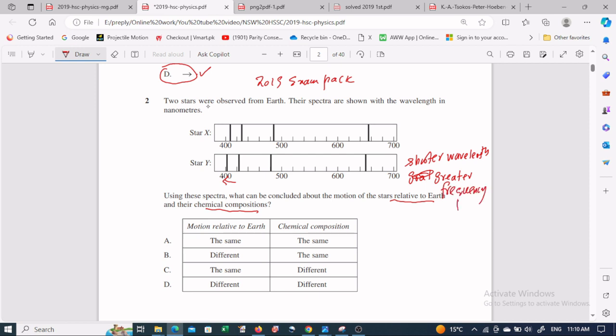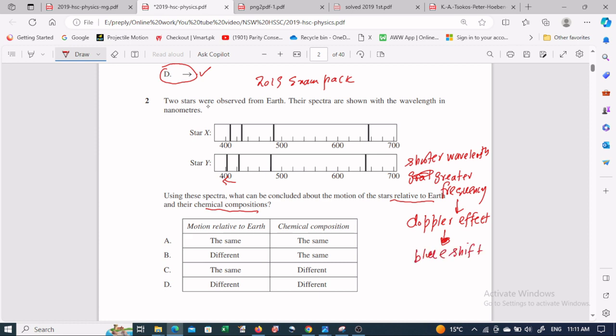And we know from the Doppler effect that if frequency increases, it means this is a blue shift.